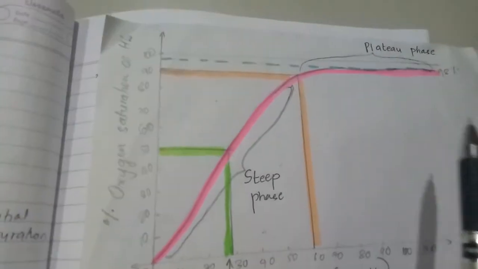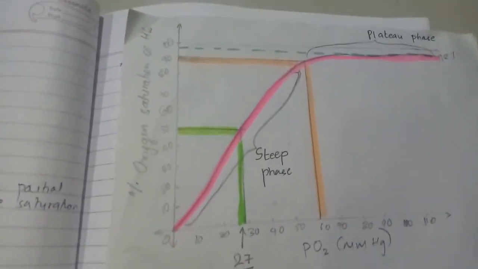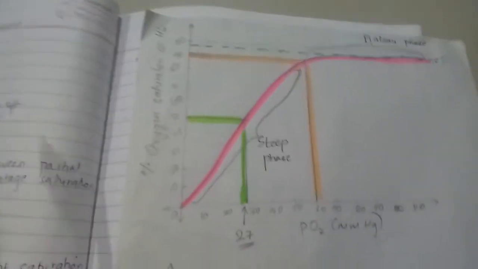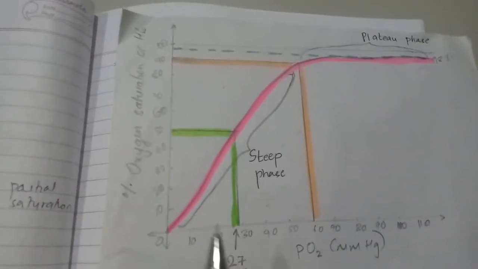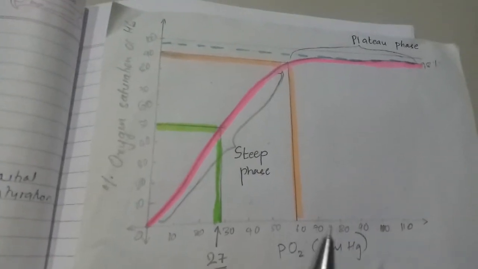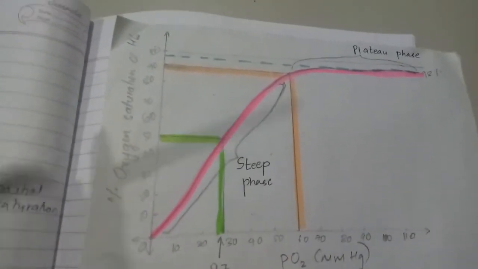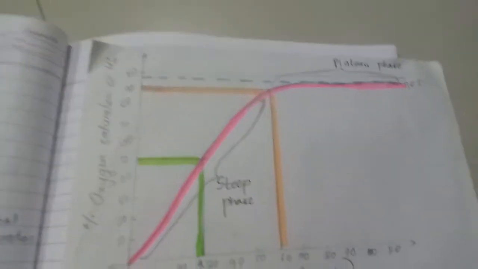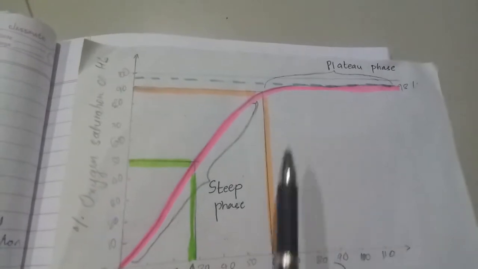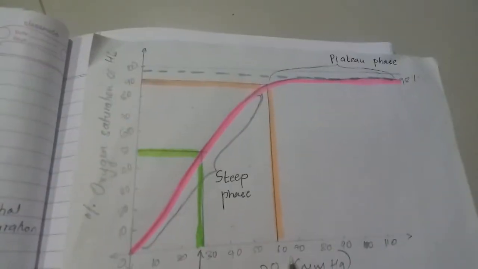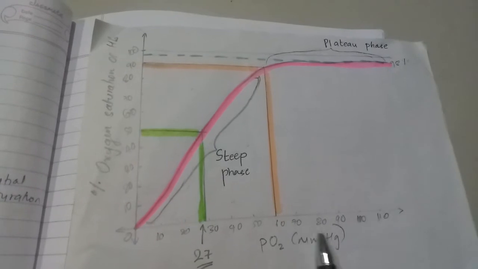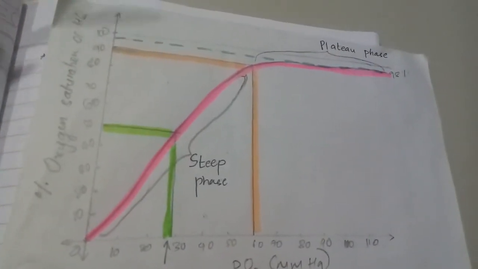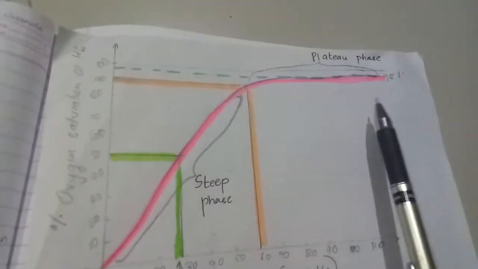But then the curve flattens, and no more increase in PO2 will affect percentage saturation of hemoglobin, which means that in initial phases, if we increase the PO2, partial pressure of oxygen, the percentage saturation of hemoglobin is going to increase. But after some point, if we increase the partial pressure of oxygen, it will not affect the percentage saturation of hemoglobin, because it is already 98%, you can see here.